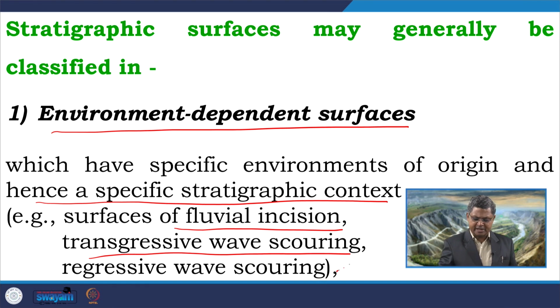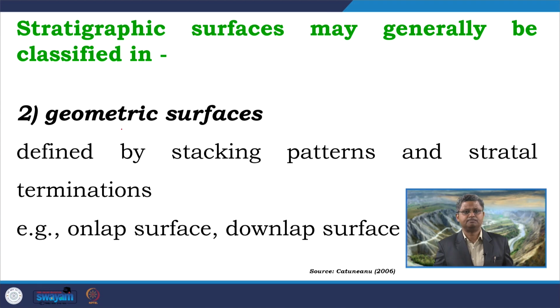Same with the regressive wave scouring surface. So, there can be several such surfaces. These are some of the examples of environment dependent surfaces. The second type of surface is called a geometric surface. These are independent of the environmental condition, independent of the environmental interpretations and depositional systems.